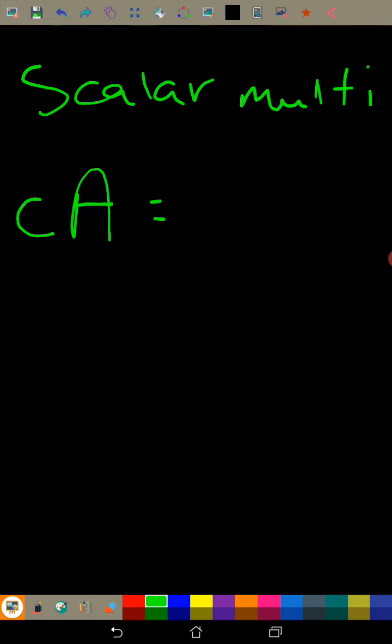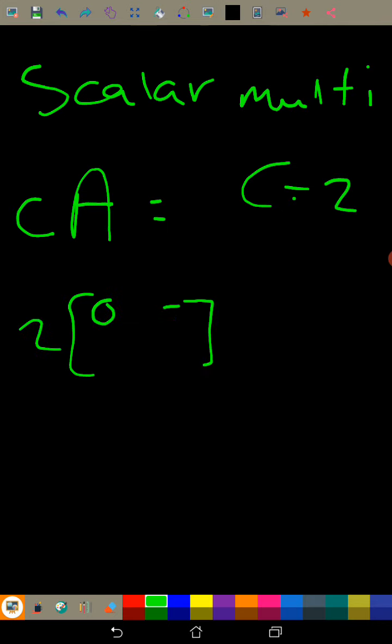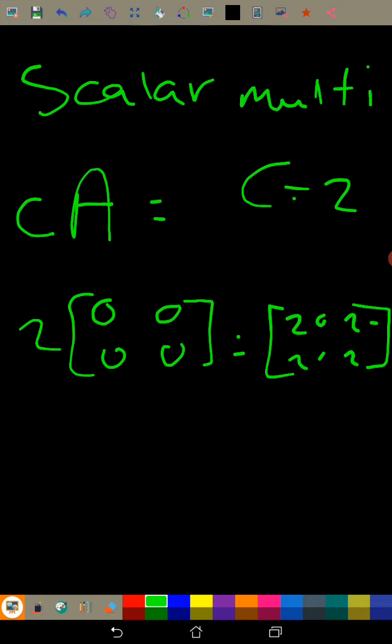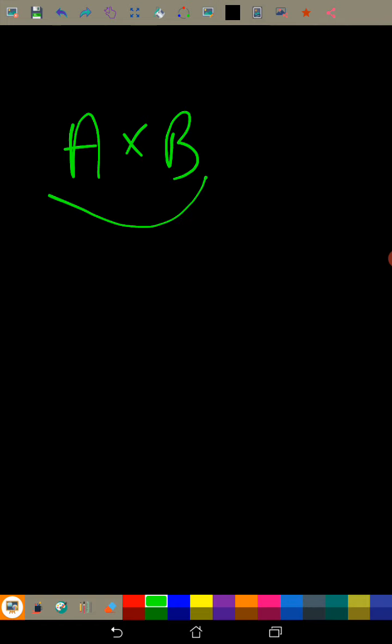So if C is a scalar with the value 2, for example, you just multiply each entry by it. This is the scalar multiplication. And then we did multiplying two matrices.